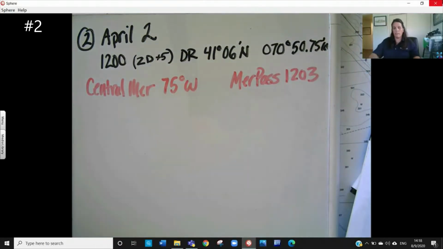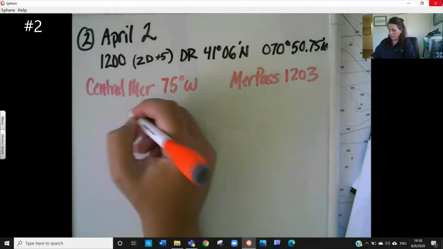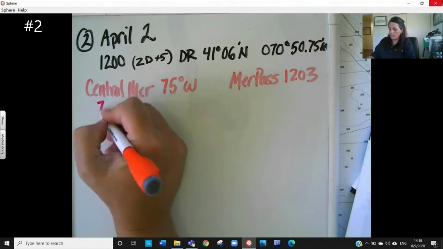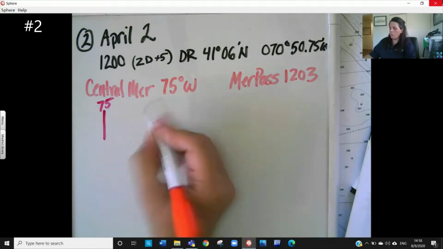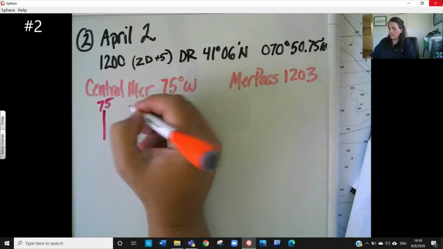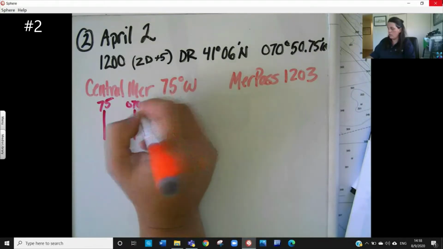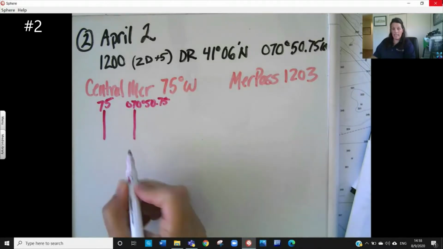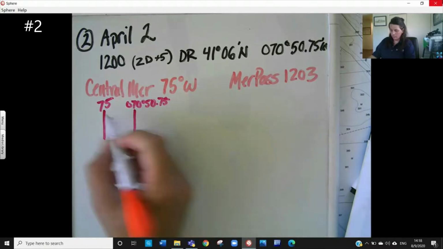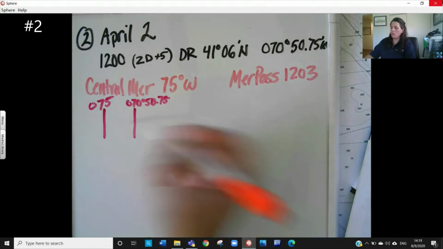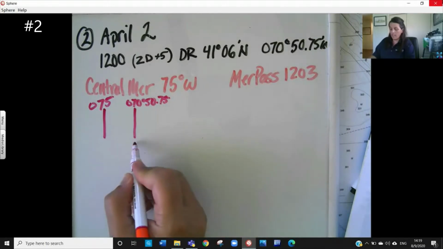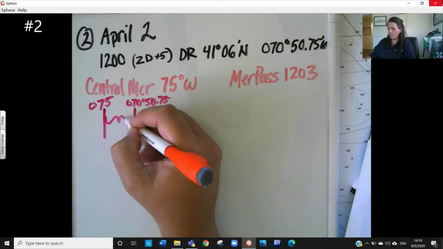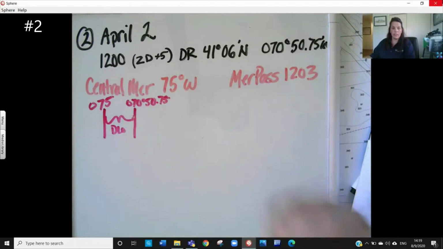If meridian passage happens on the central meridian and we are at 070°50.75', it is going to happen to us before it passes the central meridian. So we need to find the DLO and convert that to time.